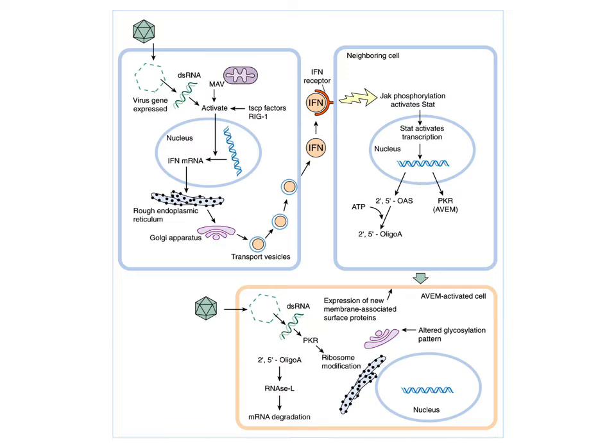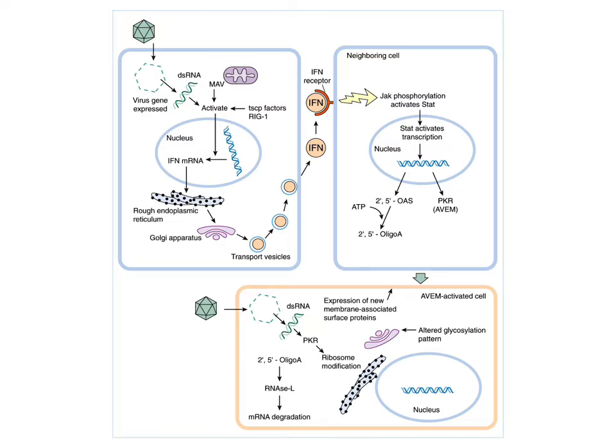Once activated, it phosphorylates the translation initiation factor EIF2 alpha. When this happens, the initiation factor cannot be recycled and protein synthesis is shut down. The effect of IFN is to prepare the cell for instant shutdown if it becomes infected, while leaving uninfected cells alone. So this is what you see.